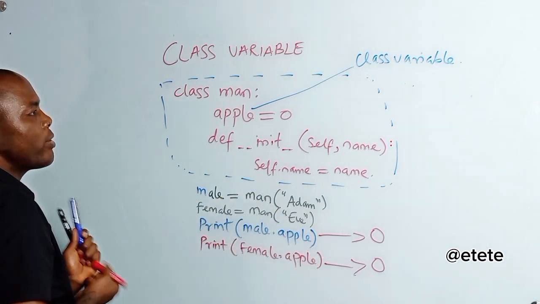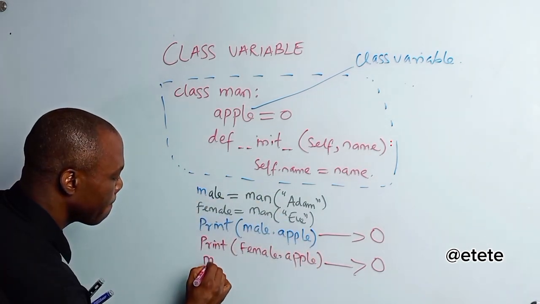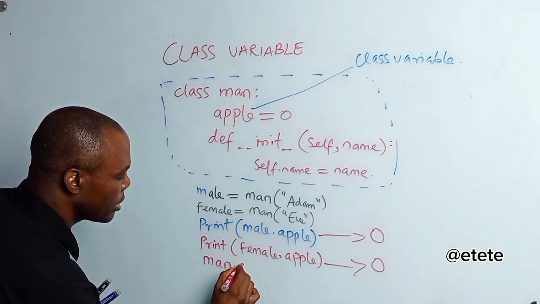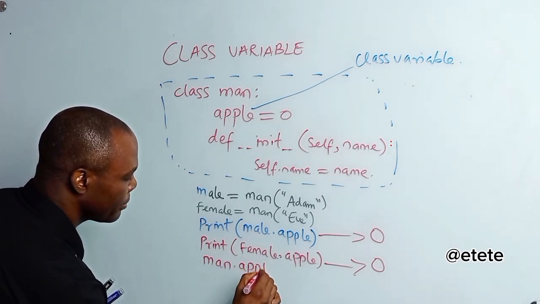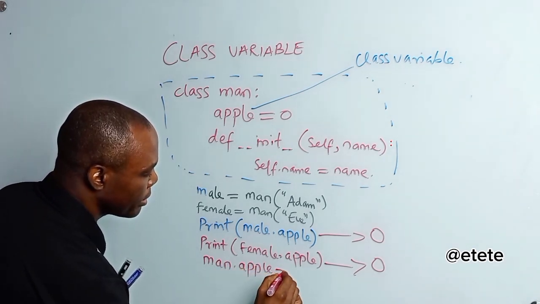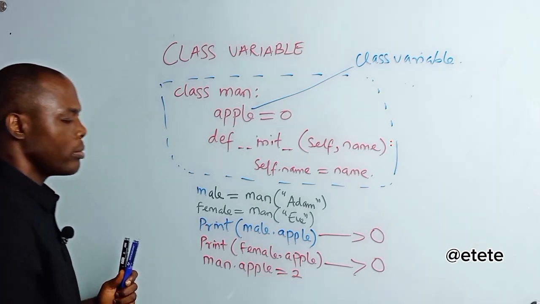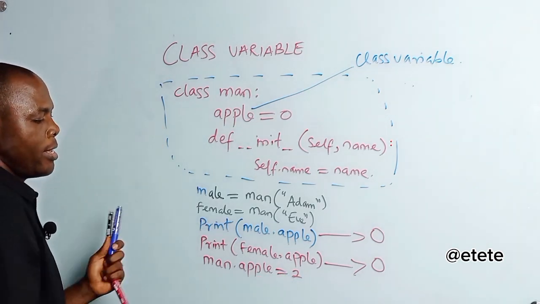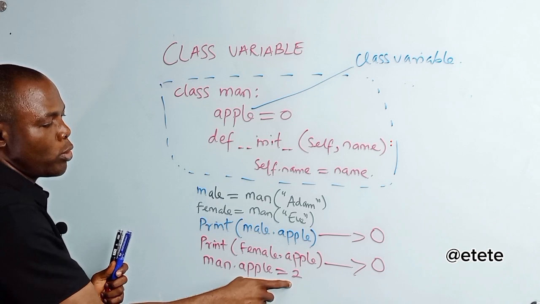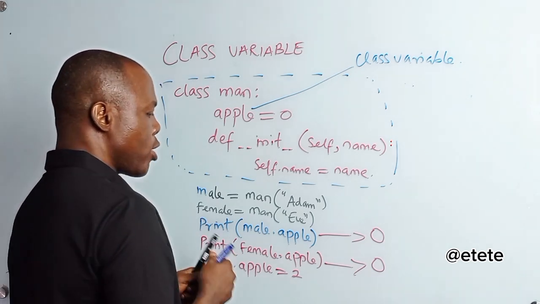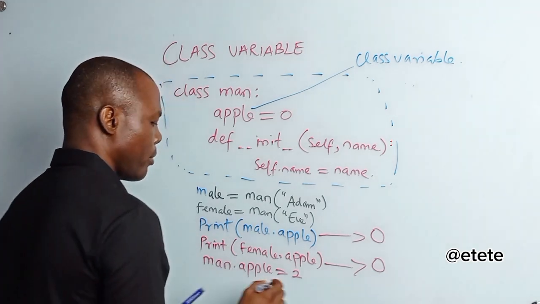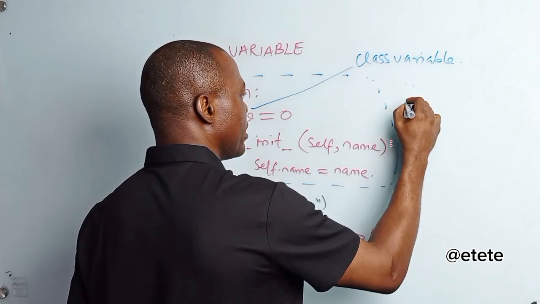Now, if I now say man.apple, I want to modify it equals to 2, right? Once I say man.apple equals to 2, and then I now come here. So I'm just going to move to this place.